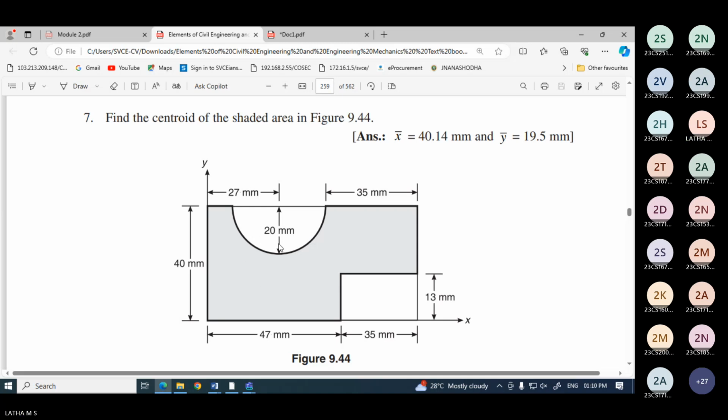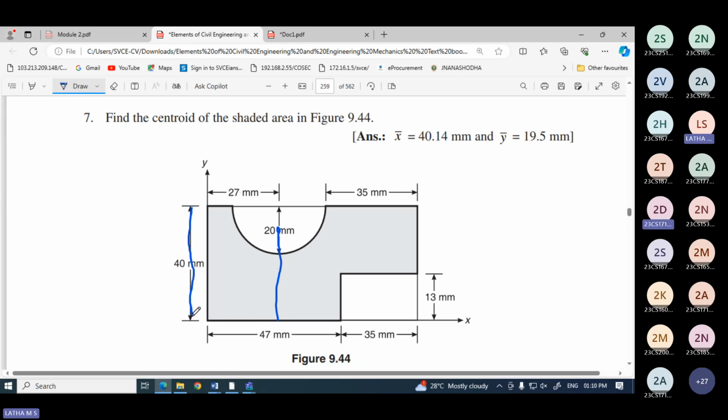Y2? Ma'am, I'm confused. Should we take the whole vertical distance, or should we add 20 mm to 4r by 3 pi? Your point of centroid is here. Which distance do you want? You want this distance, correct? Now, I have 40 mm here.